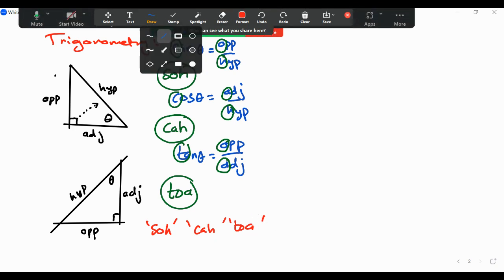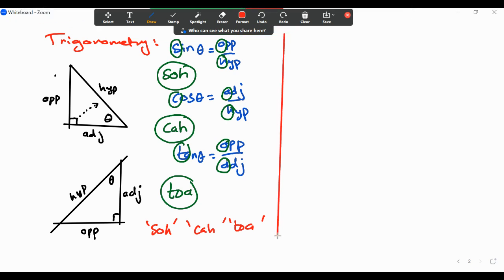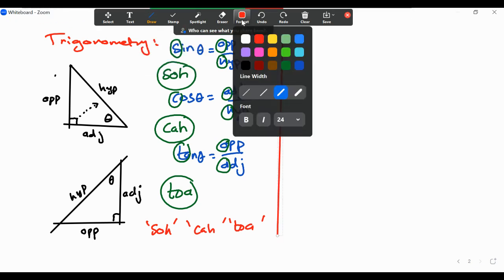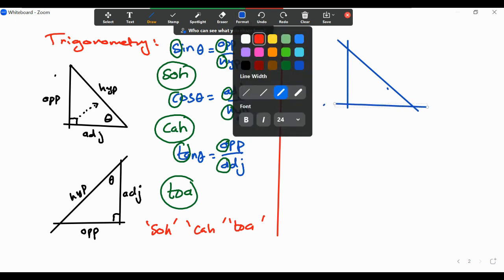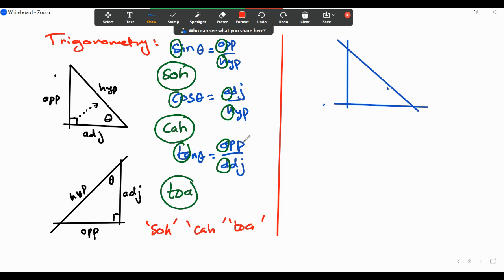And so with that, we can test this on actual values. So let's look at an example. Let's suppose I have a right angle triangle. And because you are given three possible unknowns, so you have your opposite, your adjacent, and your angle, in each case, a side, a side, and an angle.